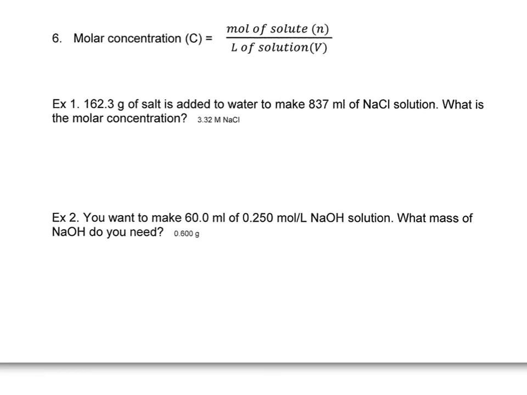In example 1, we're given the recipe of how a solution was made. 162.3 grams of salt is added to water to make 837 mL of a sodium chloride solution, and we're asked for the molar concentration. I can use the mass and the formula mass equals moles times molar mass to determine how many moles of salt was added.